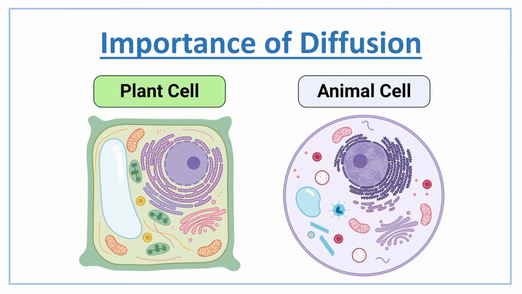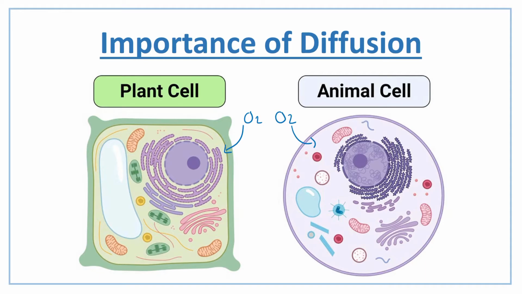So looking at plant cells and animal cells, both of these require oxygen to enter the cell. Okay, so there is a cellular process called respiration that requires oxygen. So oxygen will move into these cells by diffusion.